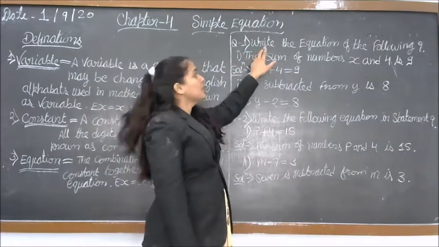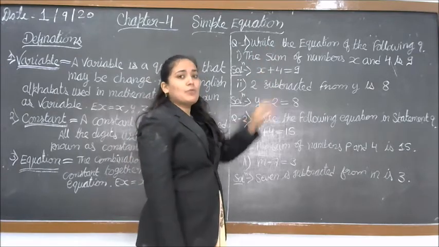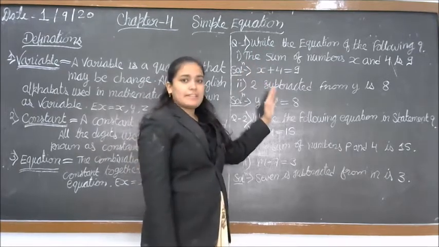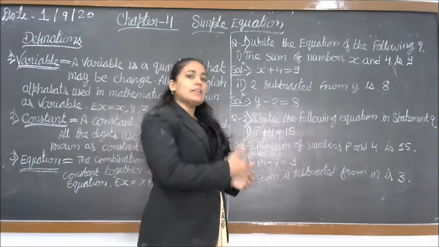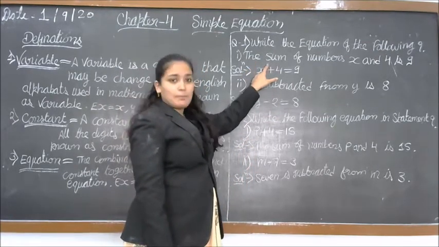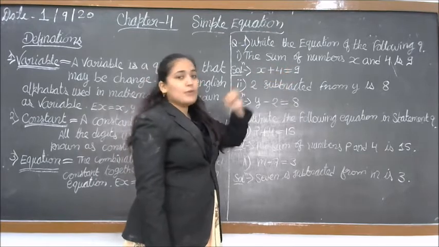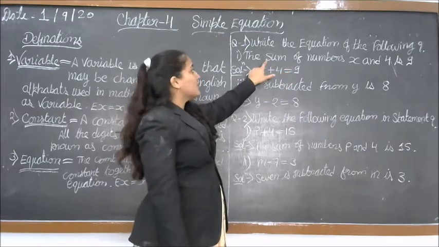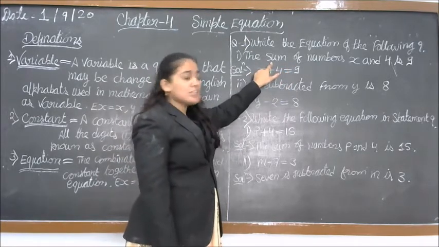First question, write the equation of the following. We have some statements and we have to write them in equation form. First statement: the sum of numbers x and 4 is 9. The sum means addition.